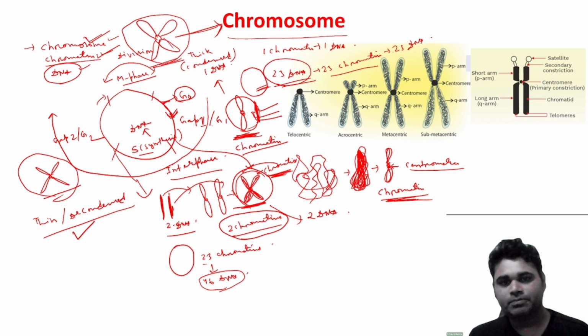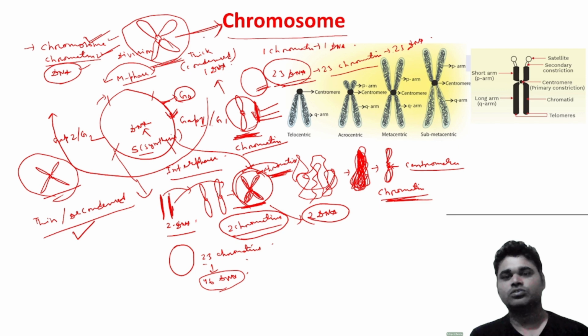The one DNA forms one chromatin in the gap 1 phase, and in the S phase, because 2 DNA are formed, the same chromatin contains 2 DNA, called the chromatids or sister chromatids. So the 2 sister chromatids are formed in the one chromatin, and here also the same structure.